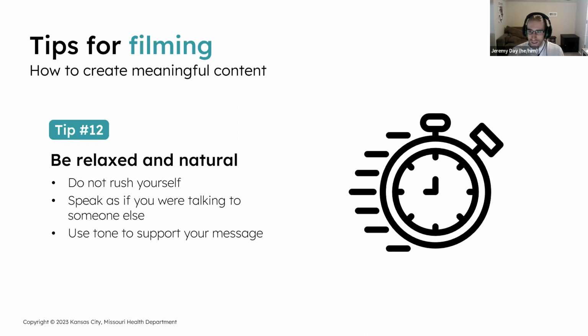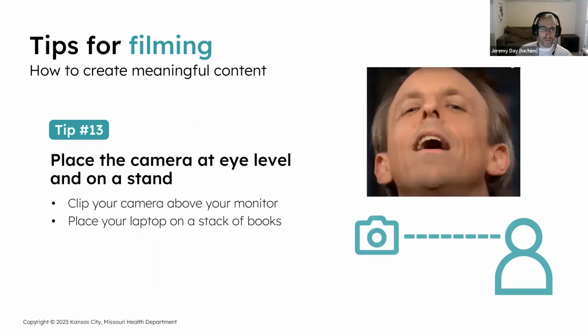And the next tip, getting back to very basics, try to keep the camera at eye level. I've got a picture here of Seth Meyers that I think demonstrates the angle that we don't want. No one looks good when it's from the chin. So definitely try to keep the camera as much as you can at eye level and stable.